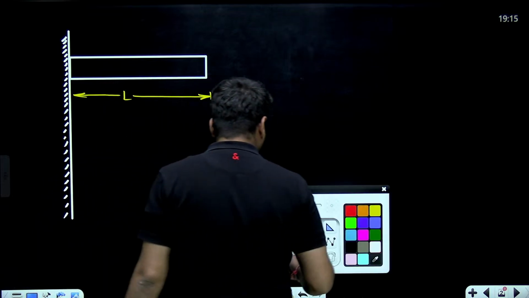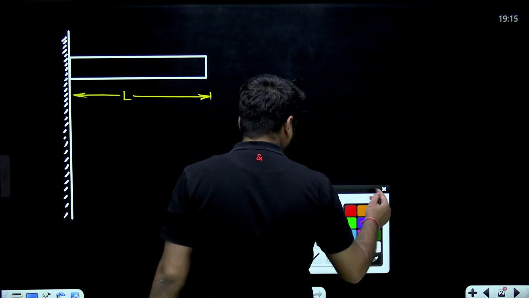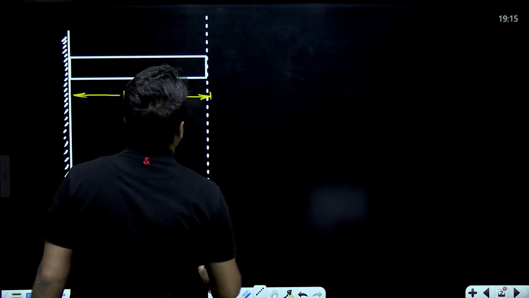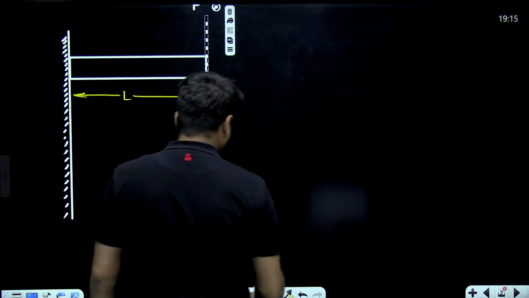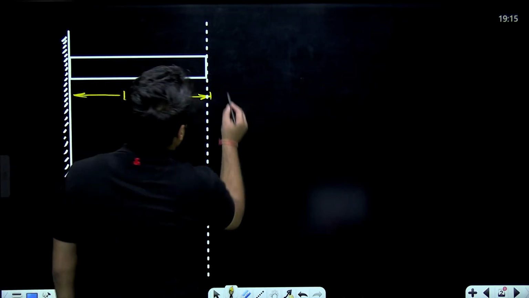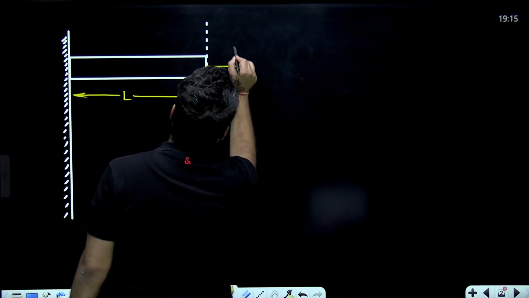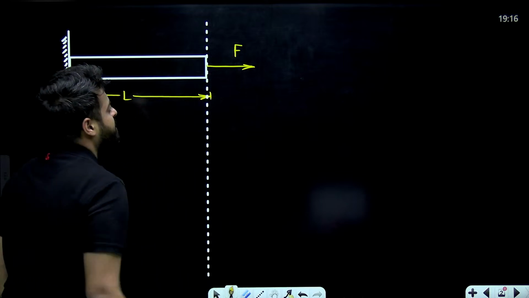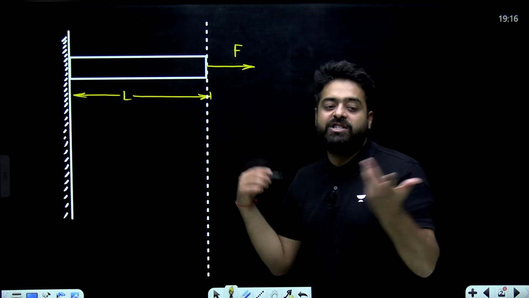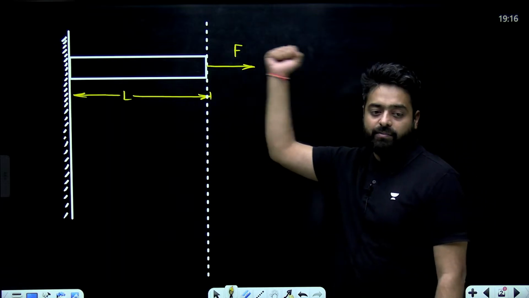Let me see. If this is the original length L, and on that body I apply a very small force F, what kind of force is this? This is an external force, applied in a pulling fashion.